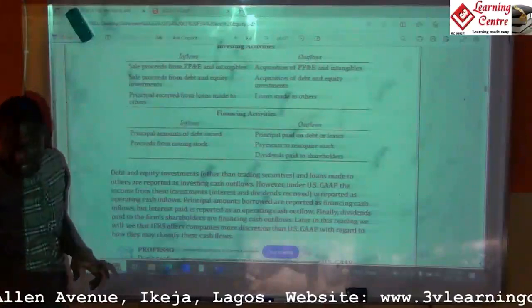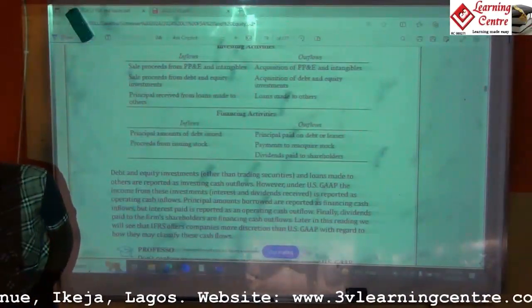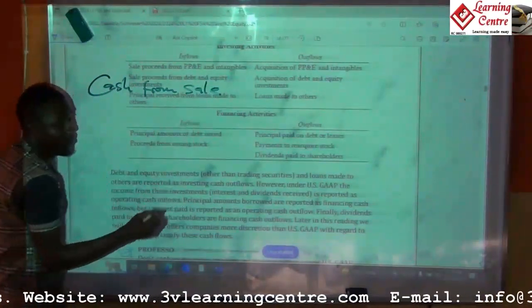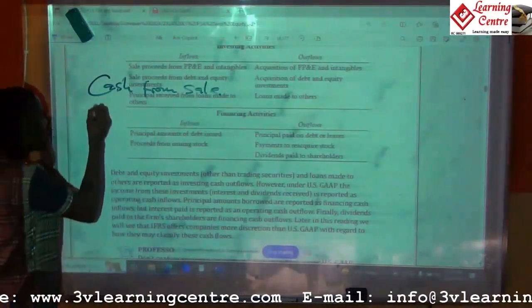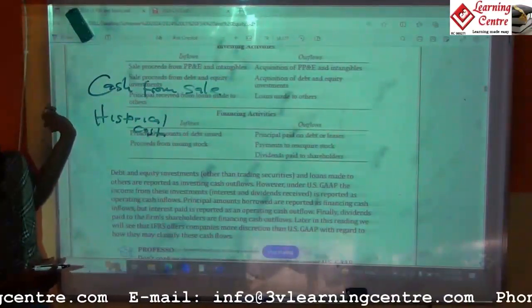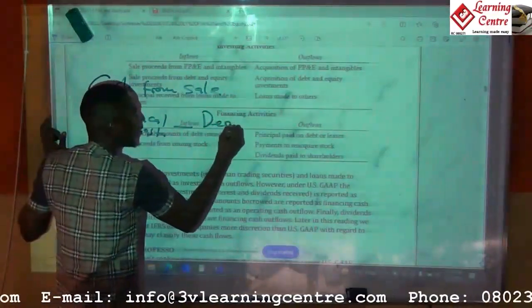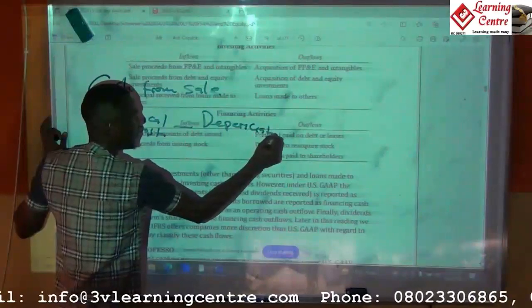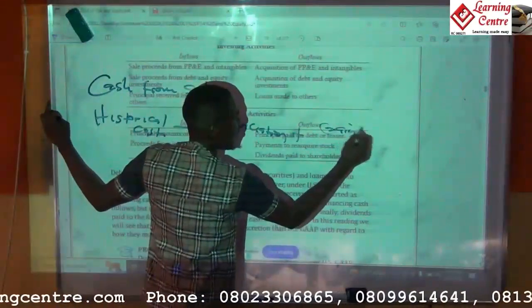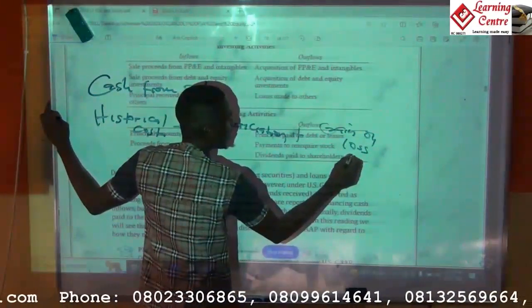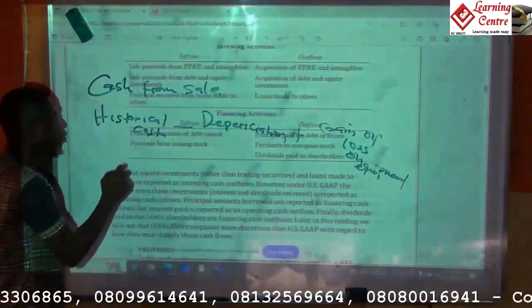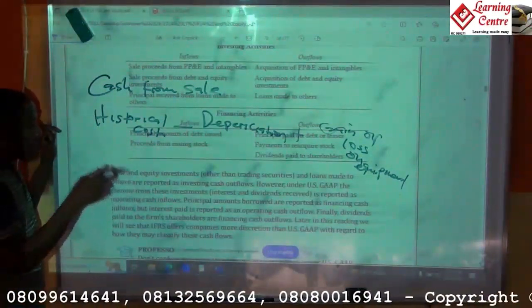Cash from sale of equipment is the historical cost of the equipment, minus depreciation on the equipment, plus gain or loss on the equipment.